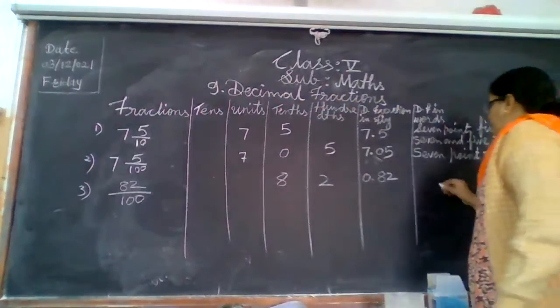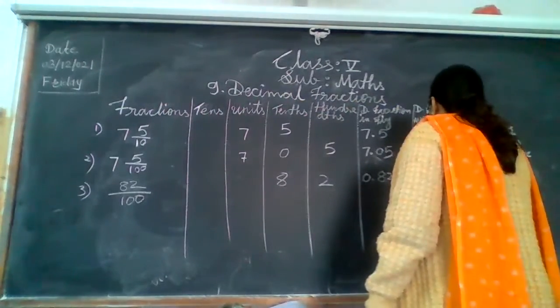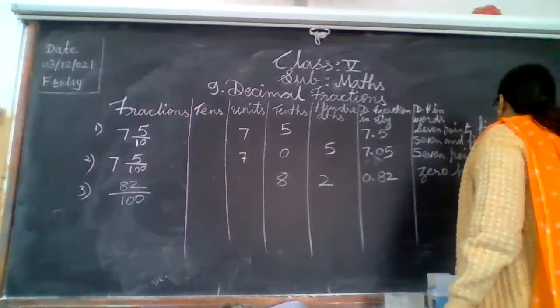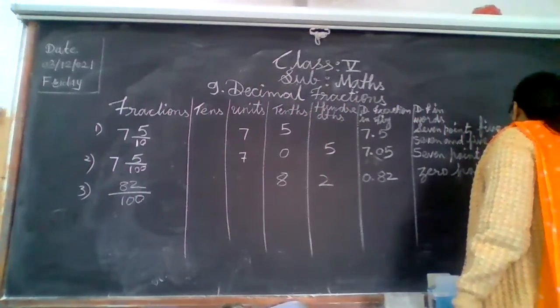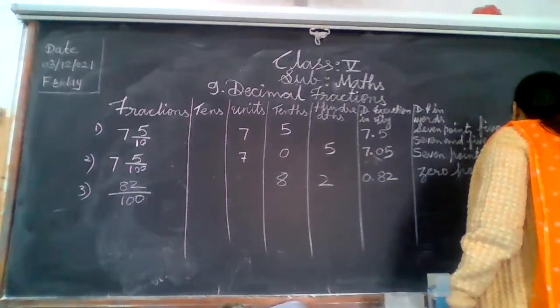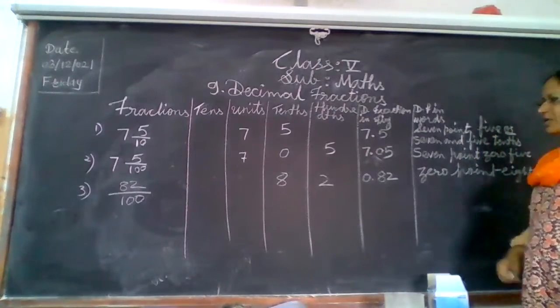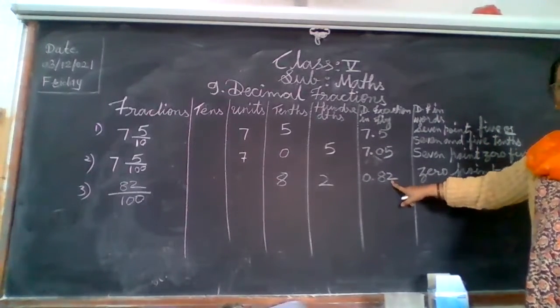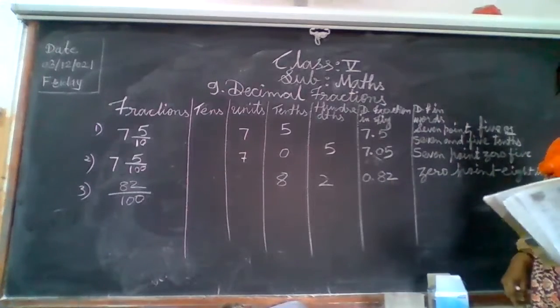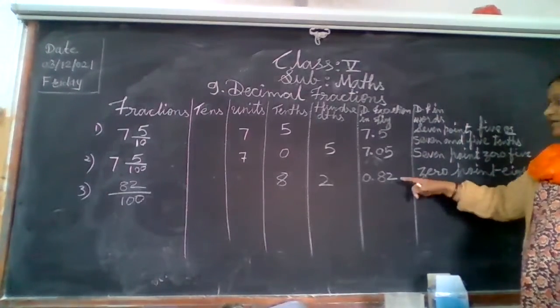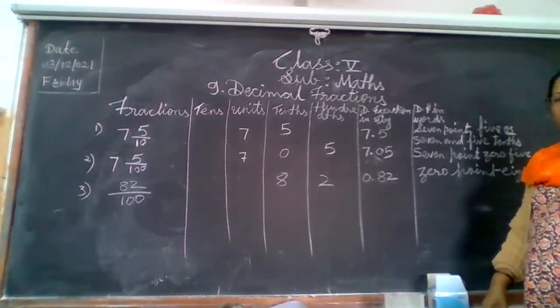It is 0.82, or you can say 82 hundredths.